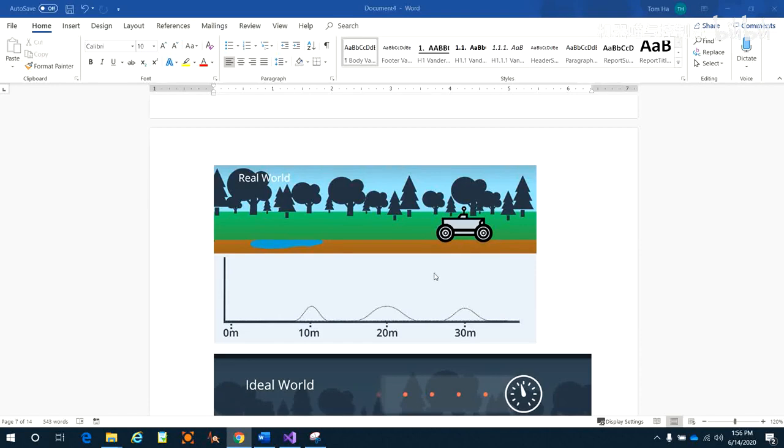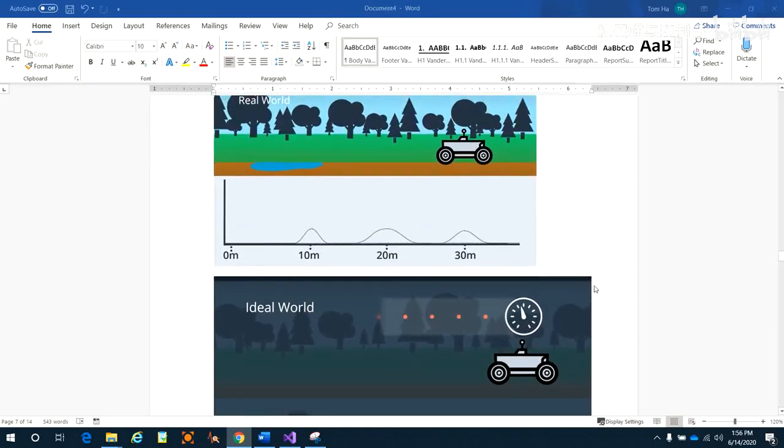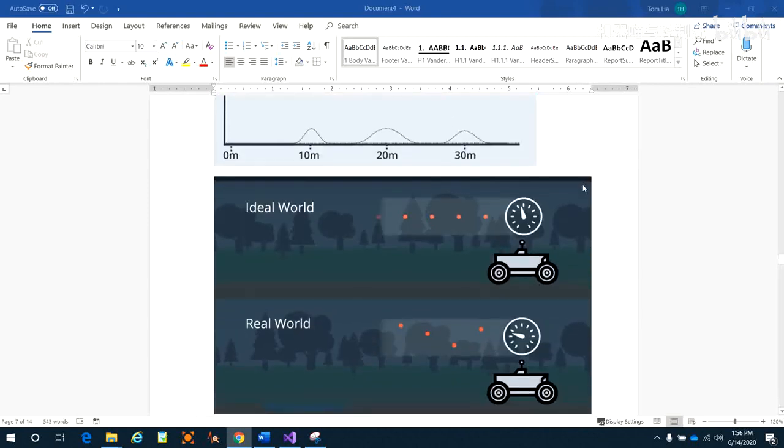So the robot will give you the wrong position. The question right now is that the robot needs a method to get exactly the correct answer. So we use sensors. In the ideal world, the sensor gives really good linear data.